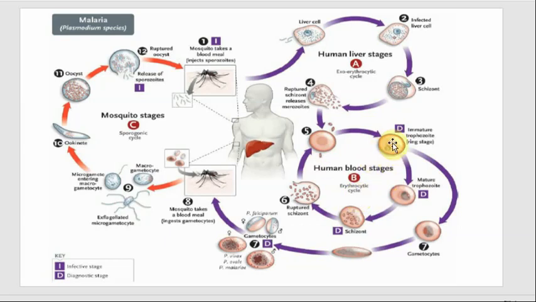Some of these ring stages or trophozoites will convert or enter the other cycle اللي هي sexual cycle formed of the gametocytes. And these gametocytes will be divided into two types. عندنا الماكروجاميتوسايت والمايكروجاميتس.